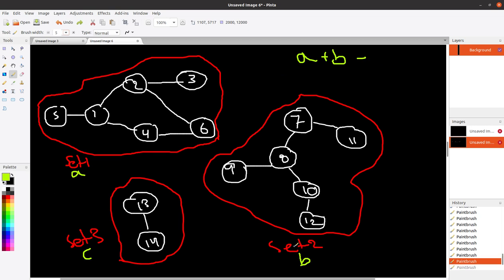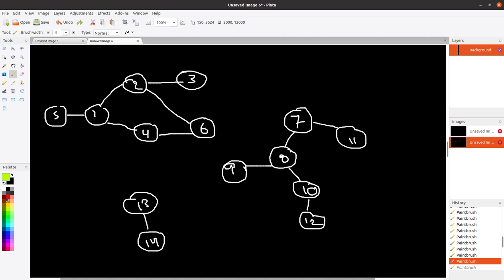So first of all, how can we find these sets? To do that, we will use the DFS algorithm by iterating over all the nodes in the graph and doing DFS to collect the connected nodes.